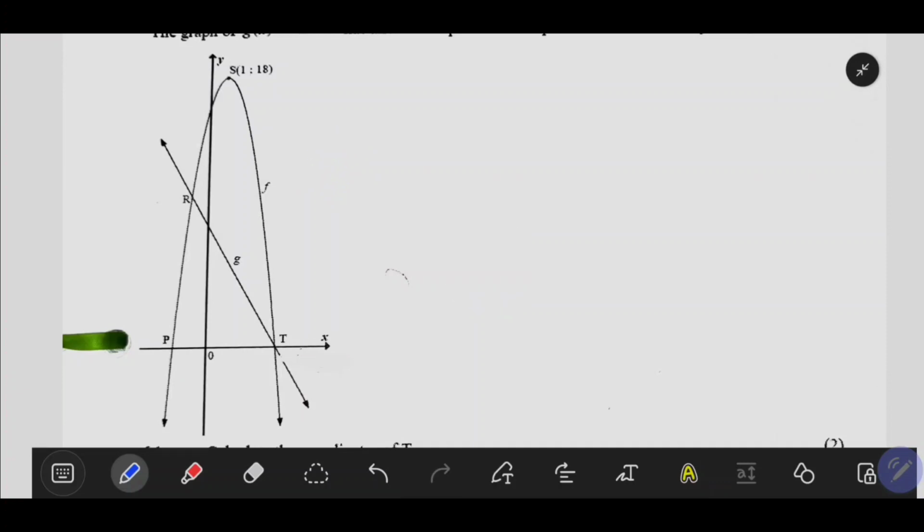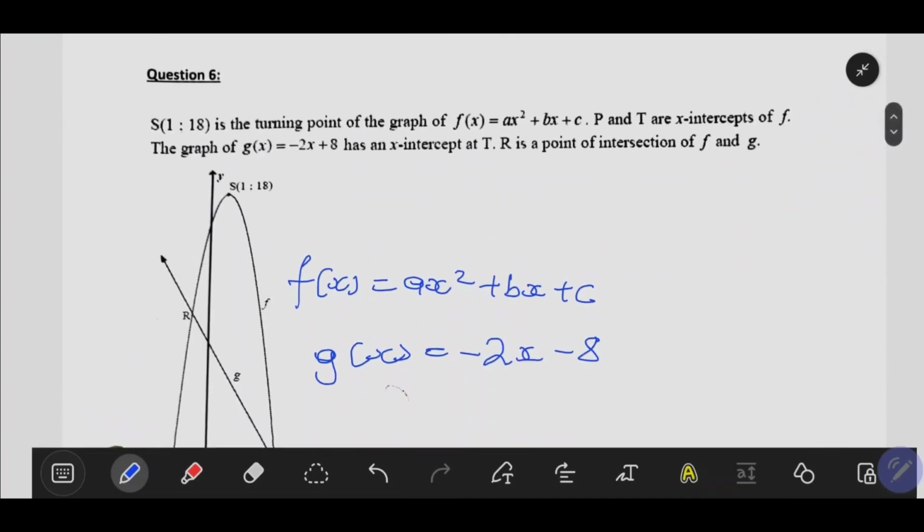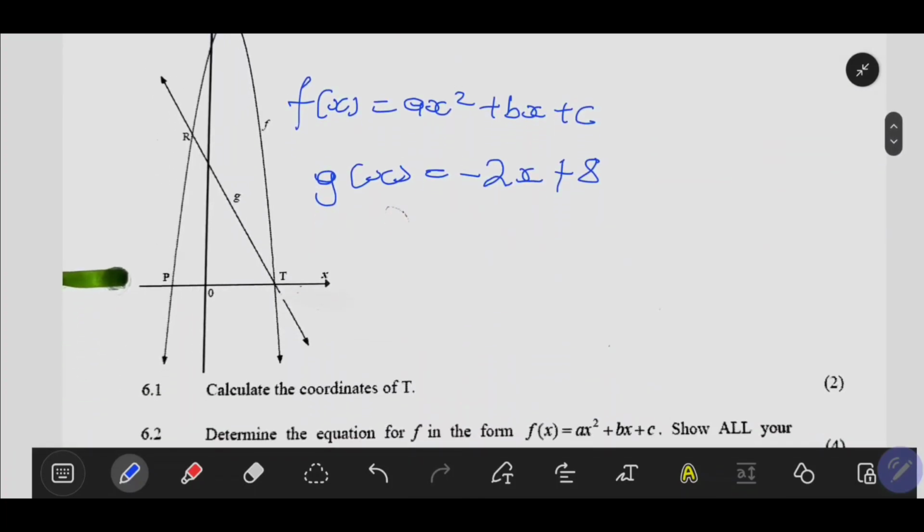The equation of f(x), we know that this is ax squared plus bx plus c, and you're also given the graph of g(x), which is equal to negative 2x plus 8. So this is what we are given.